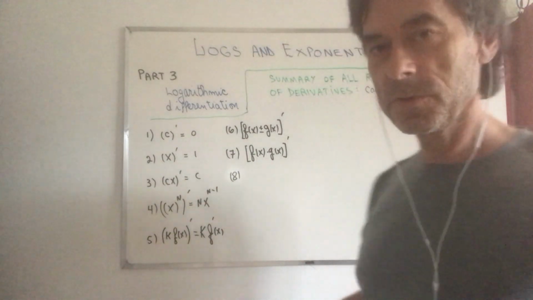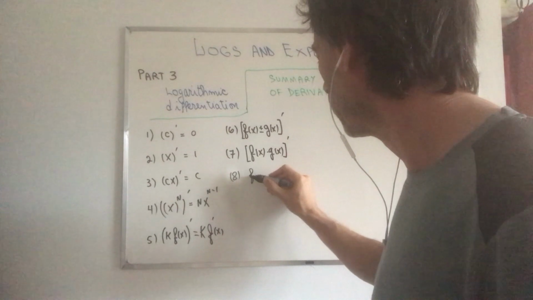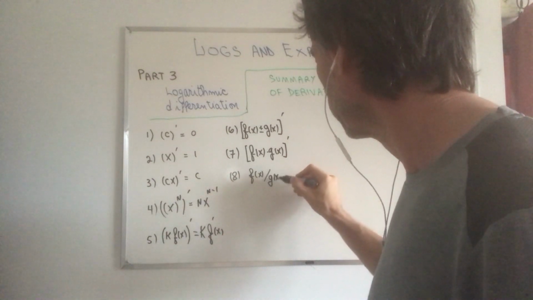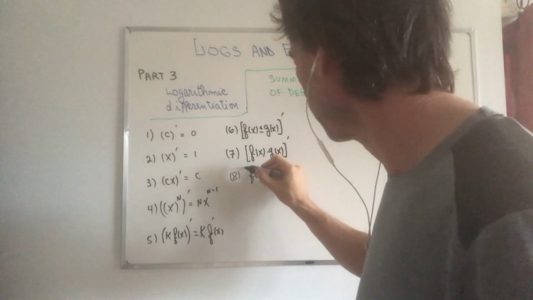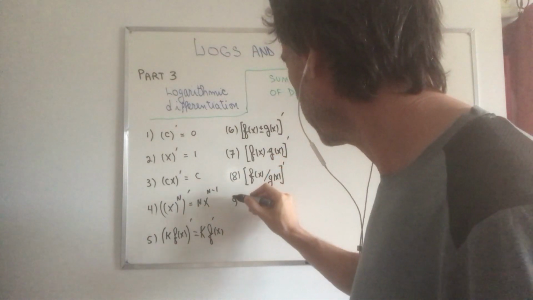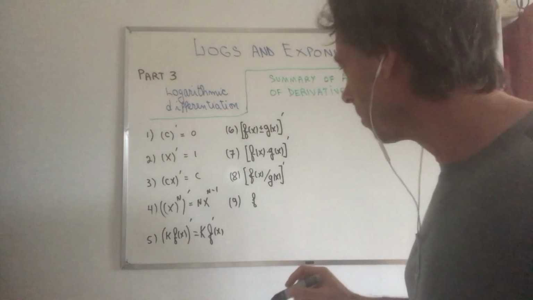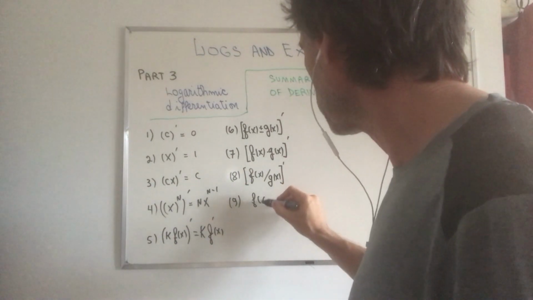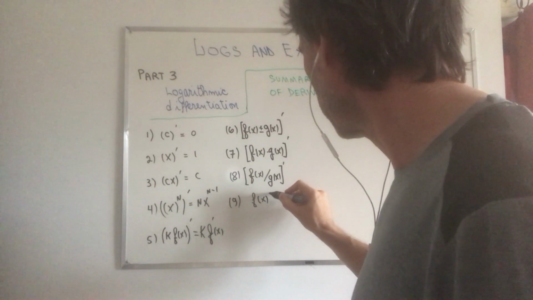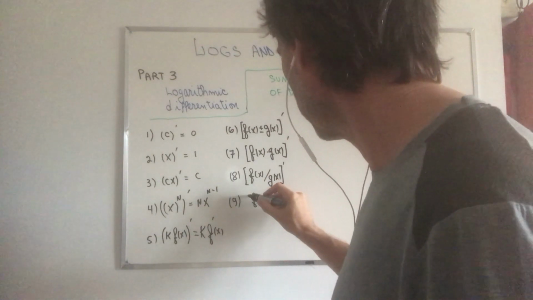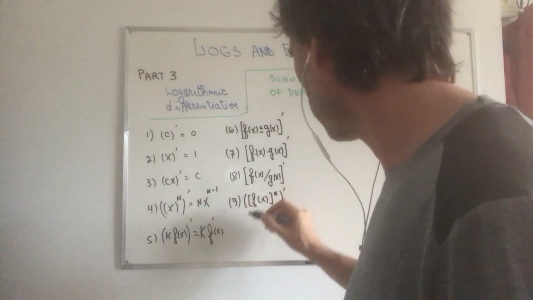Remember rule 8? That was the quotient rule. F over G. Rule number 9. We actually went into something that we called f of x to the power of n, the derivative of that, the so-called power rule for function.